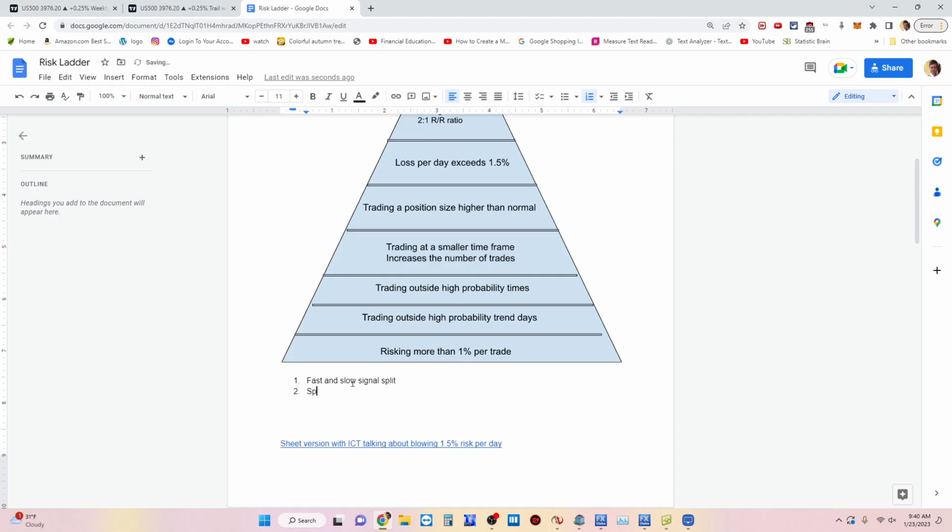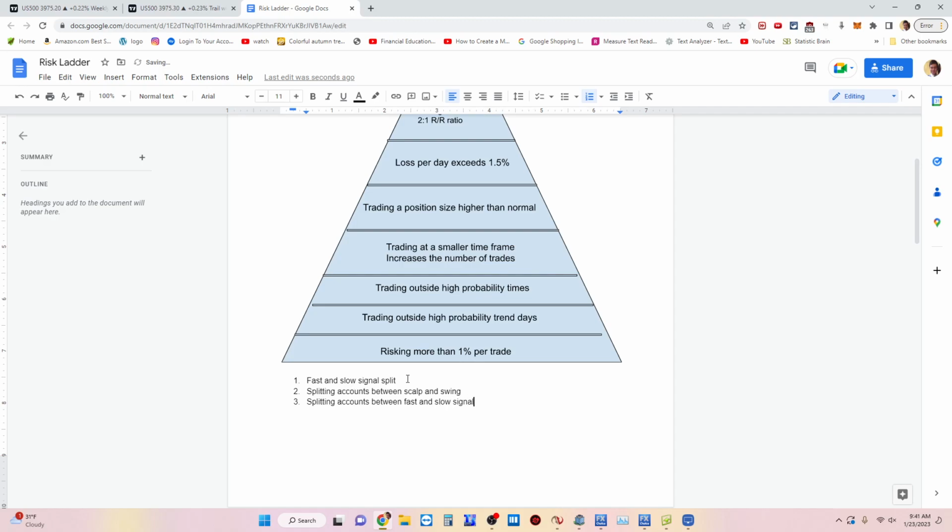And then another one is splitting the accounts between a scalp and swing. So this is more of just like the take profit and the position, and then splitting accounts between fast and slow signal.